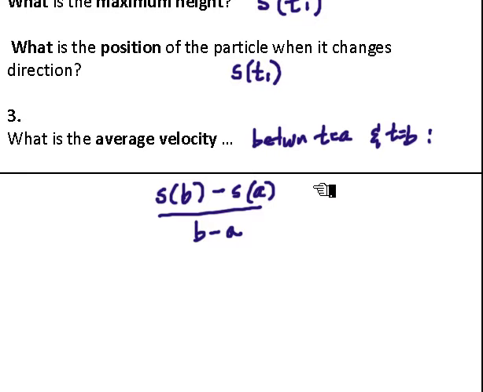Basically, it's distance traveled over time: the end distance minus the starting distance, over the end time minus the start time. That'll give us the average velocity.